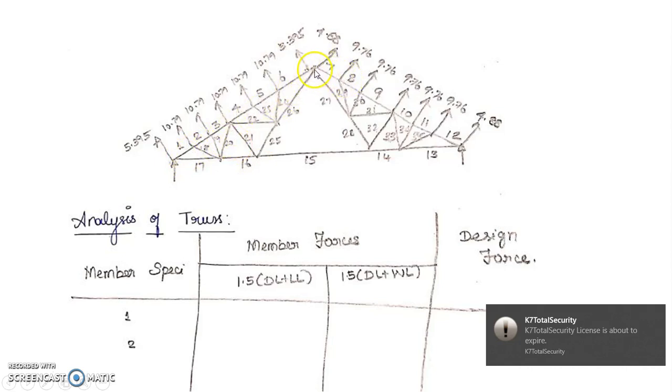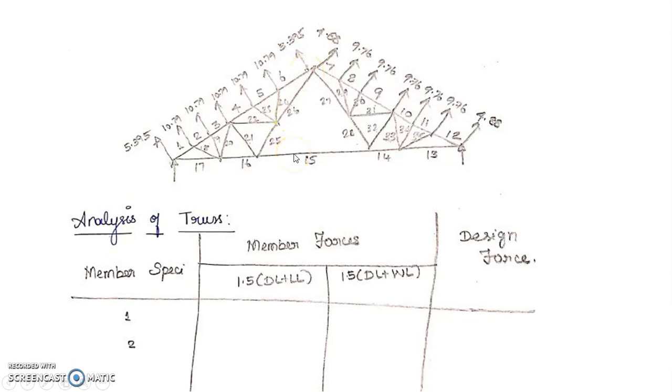That means one section for the top chord, maybe a different cross section for the bottom chord, or otherwise use the same section if preferable, or say for the tension force in the bottom chord. Then you provide the same member for these members, that is members 25, 26 and 27 and 28, as well as 21 and 32. But the rest of the fan members could be of the same size.